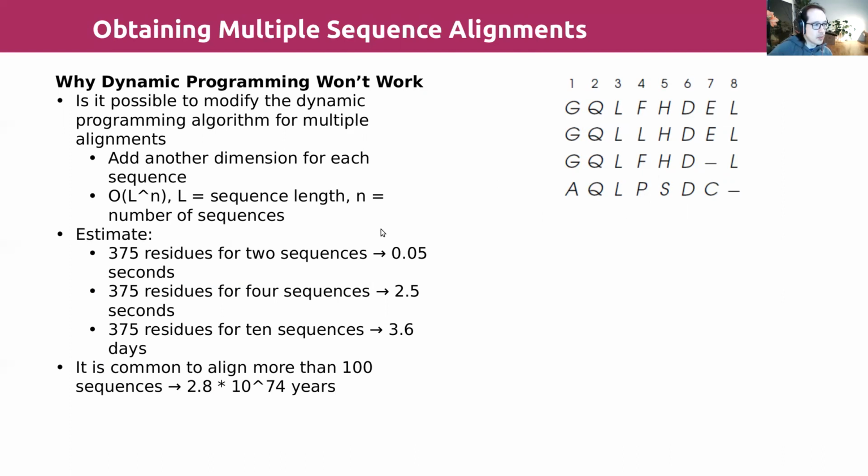This quickly becomes very computationally costly. So for 375 residues for 2 sequences, it could take 0.05 seconds. But based on this scaling rule that applies to multiple sequence alignments, a 375 residue sequence times 10 for 10 sequences would take 3.6 days. And then already, if you align 100 or more sequences, we're up into computation times that exceed the window of what's reasonable.